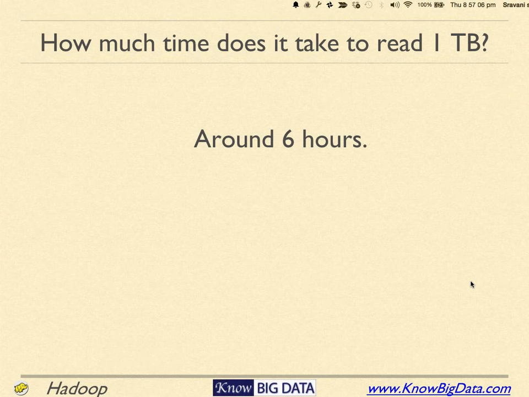So the question is, when handling such data, neither our RAM, nor our hard disk, nor our processor upgradation is going to help. What am I going to do? How do we solve this kind of problem? That's where big data solutions come into the picture.